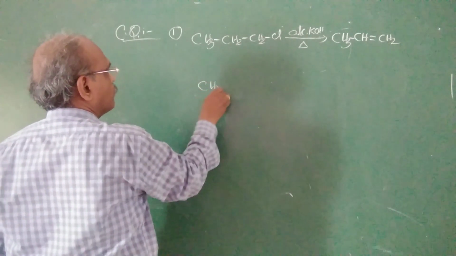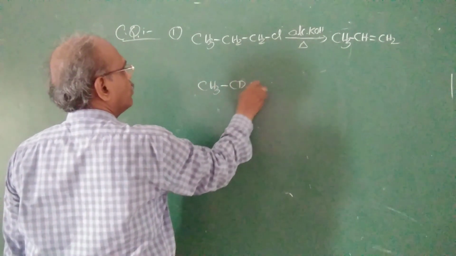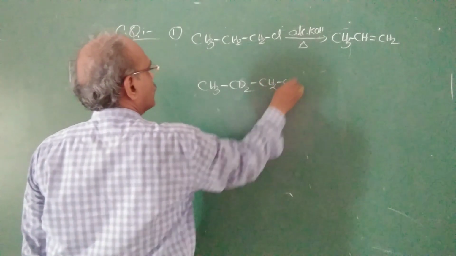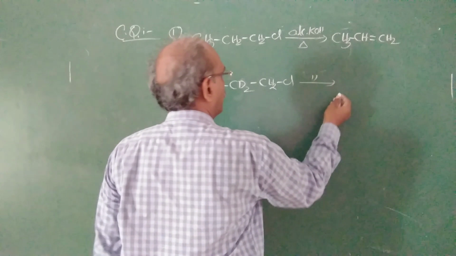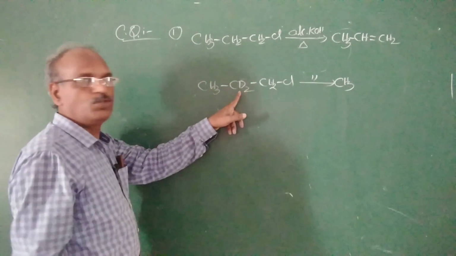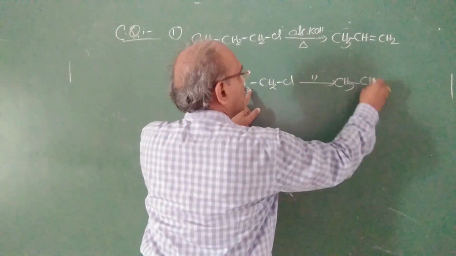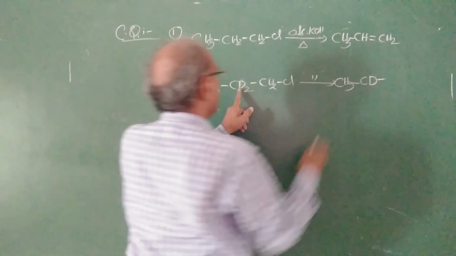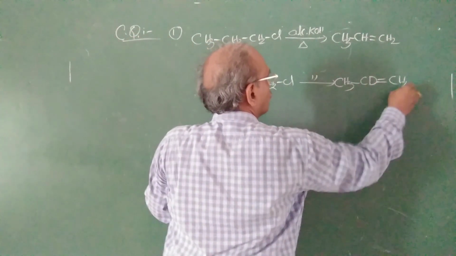And if the compound is CH3CD2CH2Cl, heat under the same conditions. Here we have to remove deuterium, CD, and from the Cl, double bond CH2.